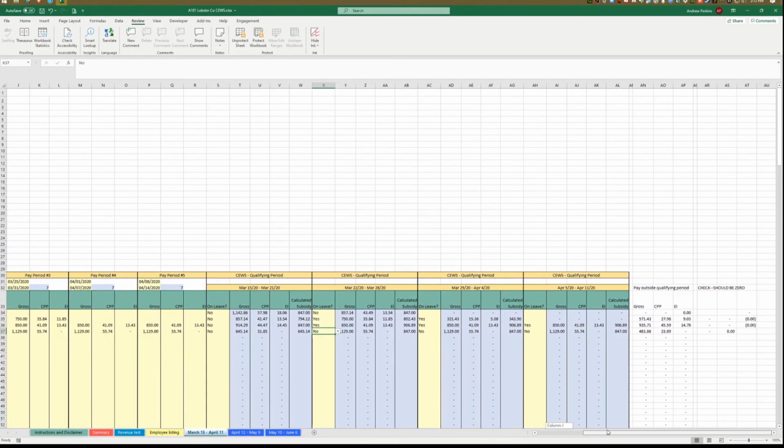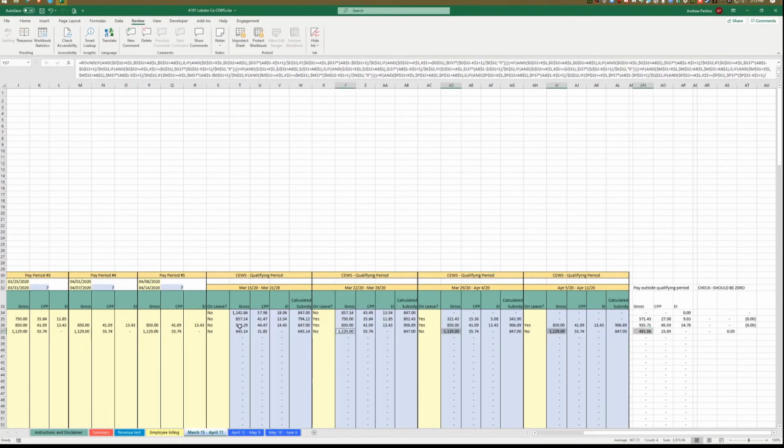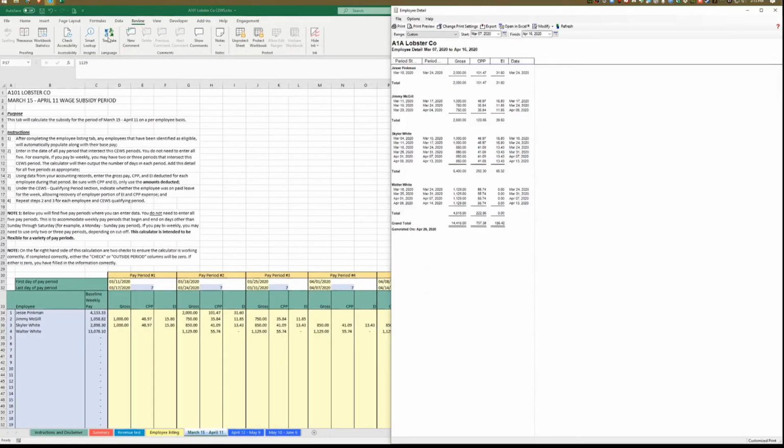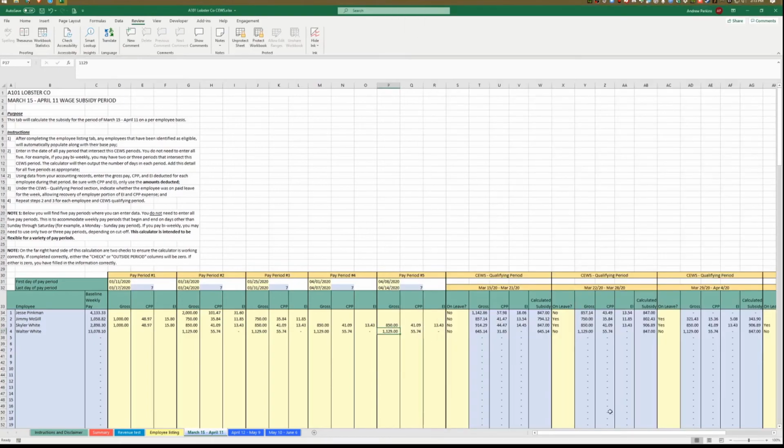Now, one thing you might want to keep in mind is that to the right-hand side of the calculator, there is a check in place. What this is designed to do is basically recreate the calculations for anything that would fall outside of the qualifying period. So if you were to add up this and then the gross pay for each period, we see that for Walter, it's $4,516, indicated by the sum at the bottom, which is the same as we have in our report here.